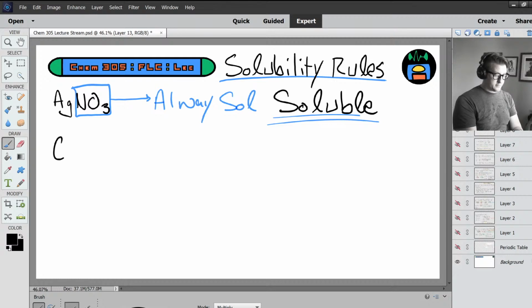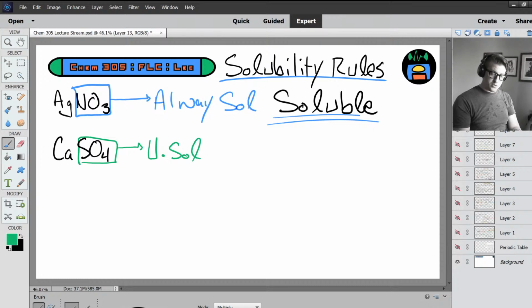Let's take a look at calcium sulfate. Now, calcium ions are not found explicitly in a category of soluble, insoluble, but sulfate is on our usually soluble list. All right, it's usually soluble, which means it's only insoluble with a few specific ions.